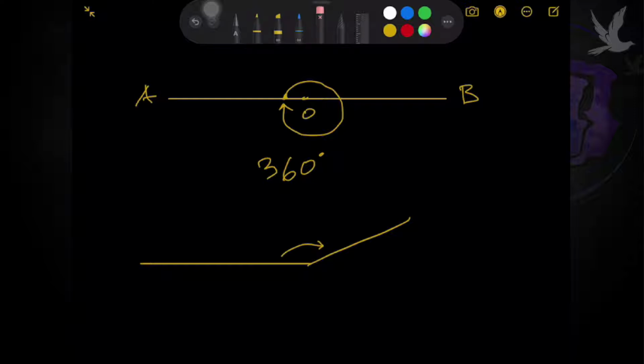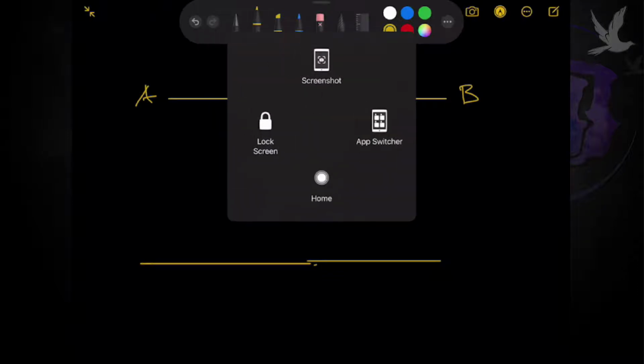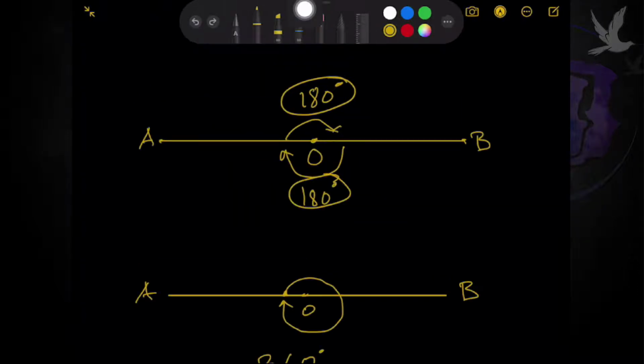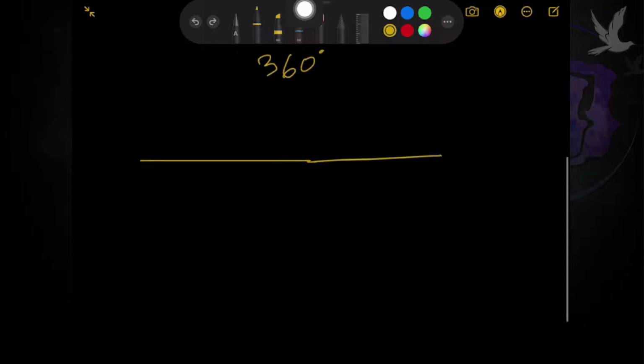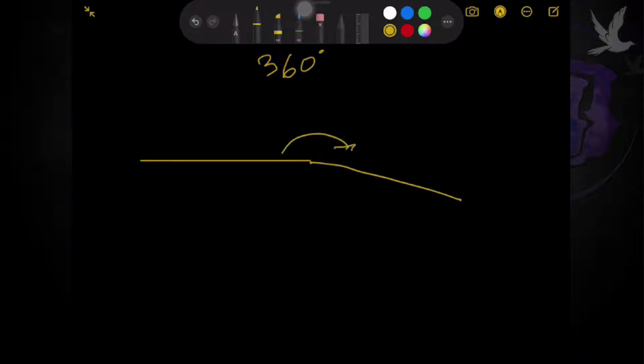Continuous yan. And pag dito, syempre obviously that is now over 180 because nga ang 180 straight line lang. 'Di ba? You should know that it's just a straight line, but this now went over at some point.